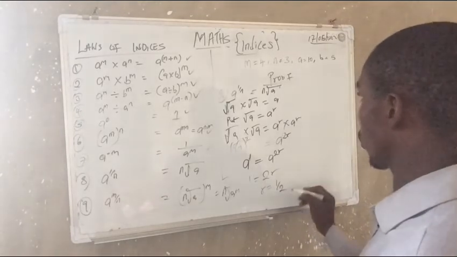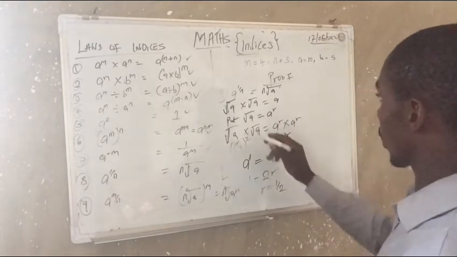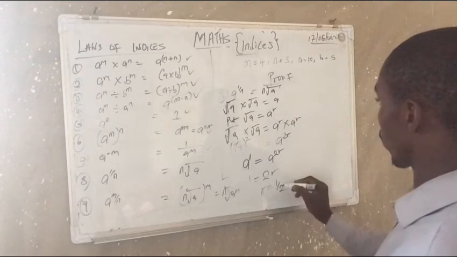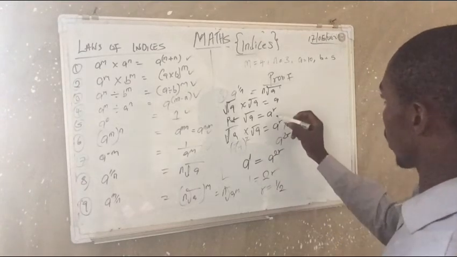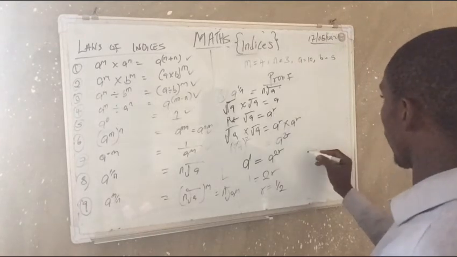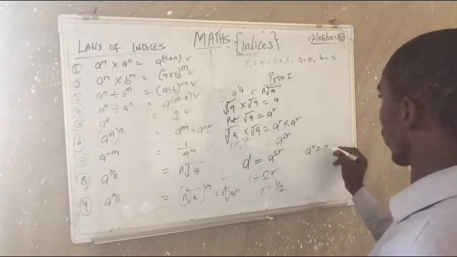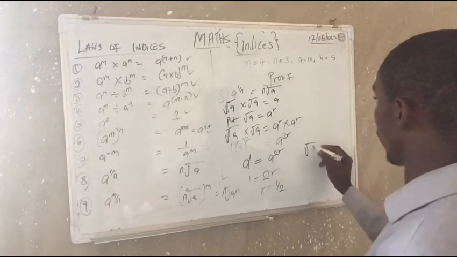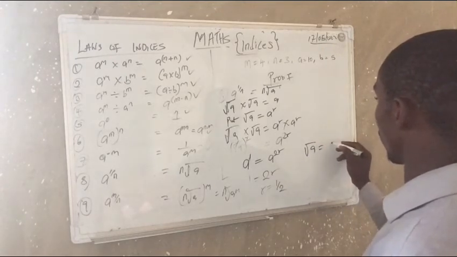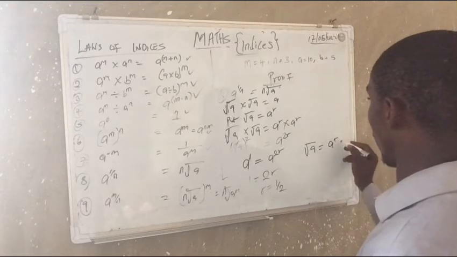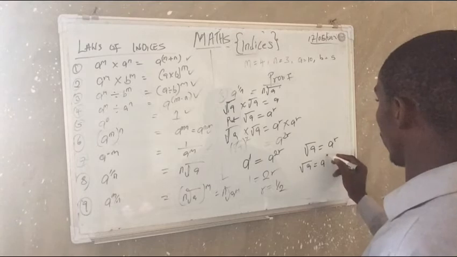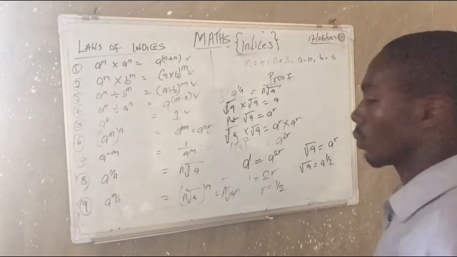1 over 2. So now, we see that if r is equal to 1 over 2, we can say that the square root of a is a raised to the power r, which implies that the square root of a is a raised to the power 1 over 2.